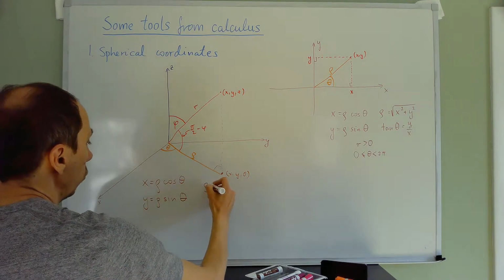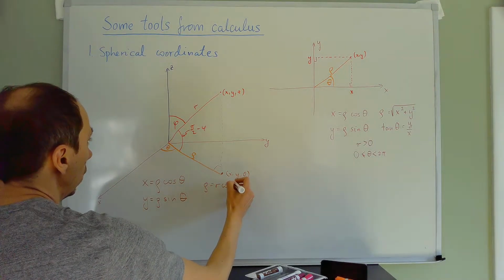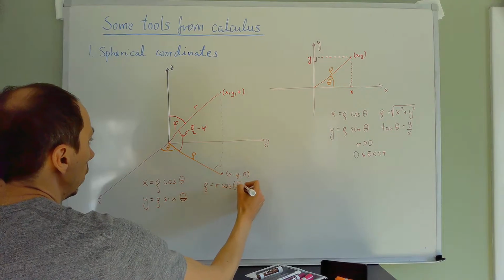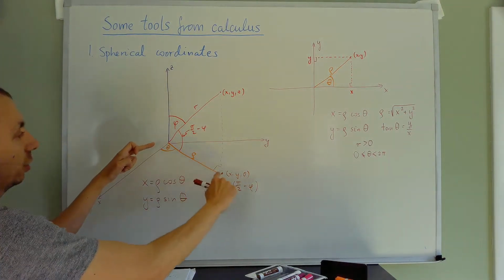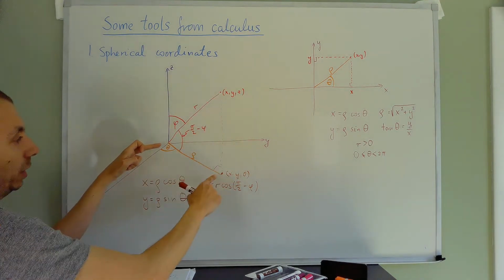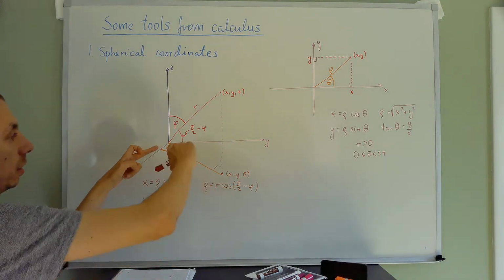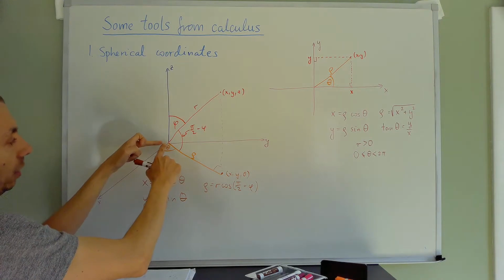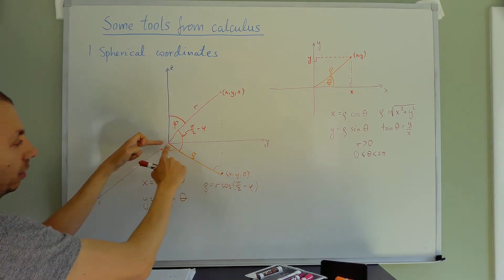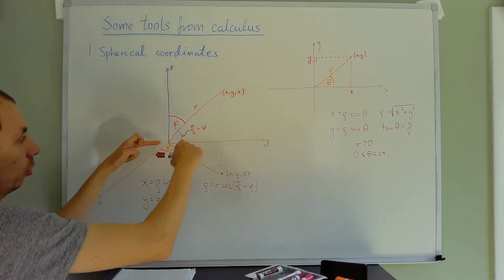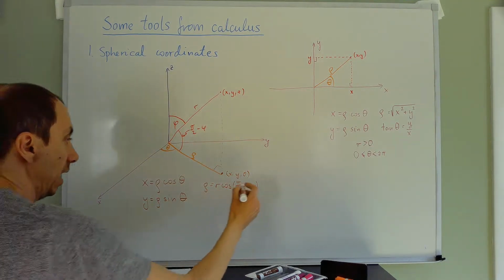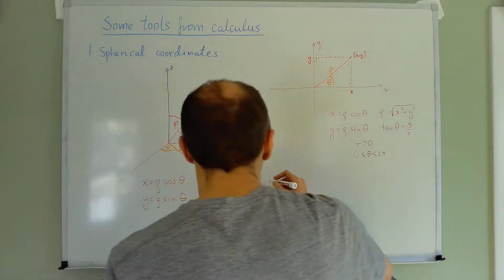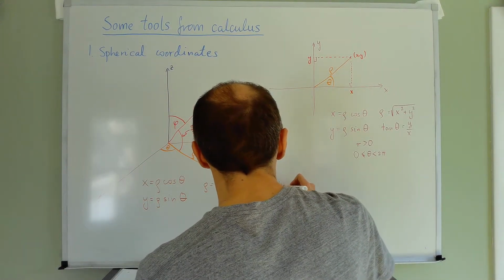So rho is equal to r cosine of pi halves minus phi. Again, this is a right triangle, the right angle is here, and this is the hypotenuse. So if I do rho divided by r, I get cosine of this angle. So that means rho is equal to that cosine, which is the same as r sine phi.